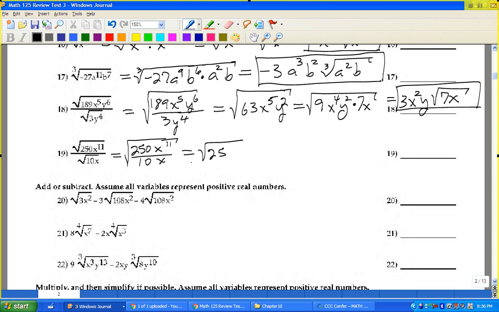X to the 11 divided by x is x to the 10. So x to the 10. The square root of 25 is 5. The square root of x to the 10, well, 10 divided by 2 is 5.